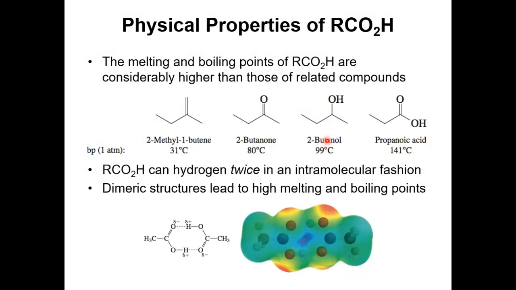But now we see the carboxylic acid has an even higher boiling point than alcohol. So why? We know alcohols can have pretty strong hydrogen bonding involved.